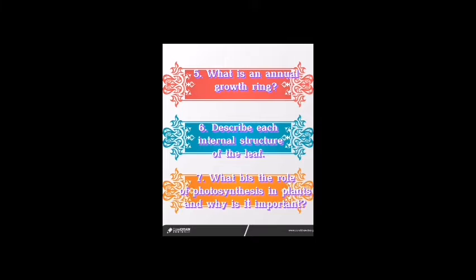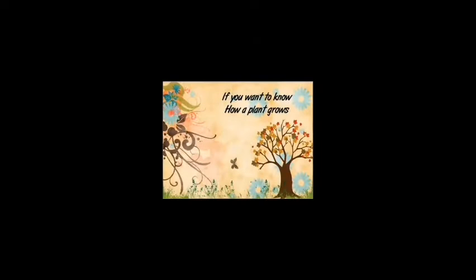Okay, let's move on to the number 7 question. What is the role of photosynthesis in plants and why is it important? Now, plants are autotrophs, which means they produce their own food.